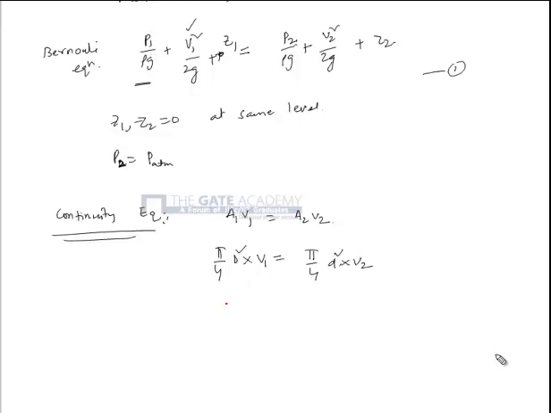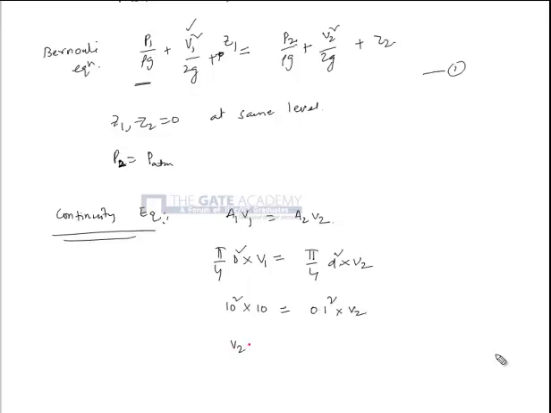D is given as 10 mm, capital D. Pi by 4 cancels throughout. V1 is given as 10 mm per second, and d is 0.1 mm, whole square, into V2.